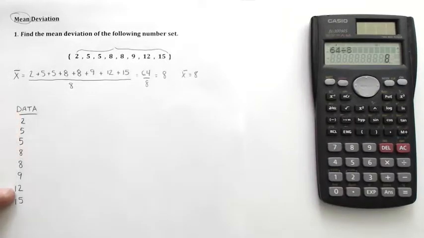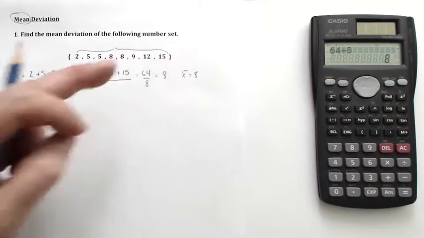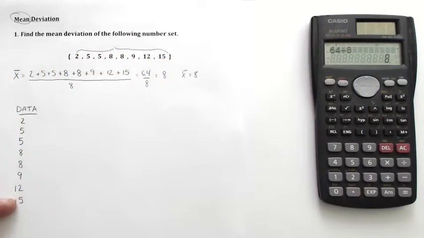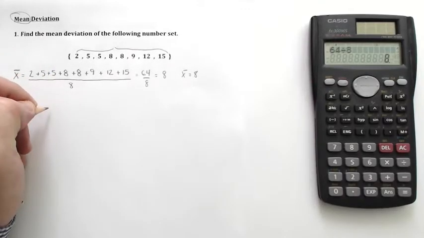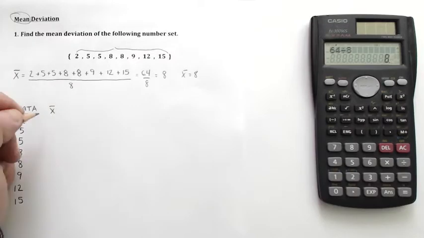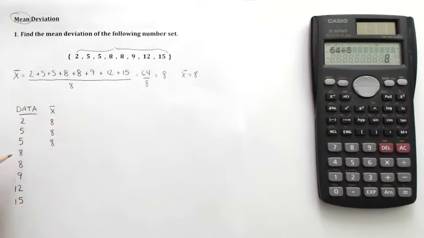I've listed each of those from up here, from smallest to largest. Then the next thing to do is to write down the mean. I calculated that already, so we know it's 8, and I'm just going to write it next to each of the values that I've already written down.